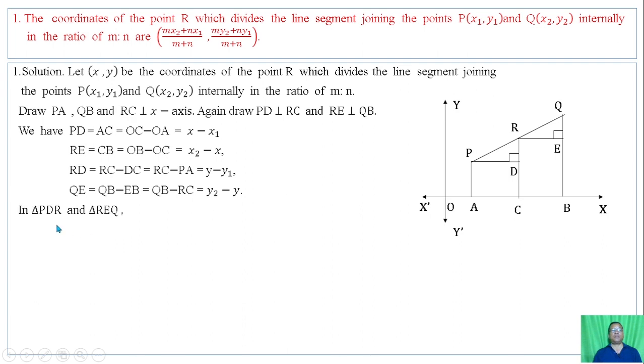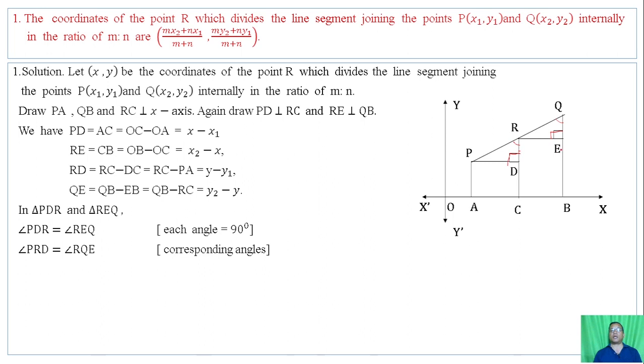In triangle PDR and triangle REQ, these two triangles are similar. That is, angle PDR is 90 degrees, and this angle is also 90 degrees. And angle PRD is equal to angle RQE, corresponding angles.